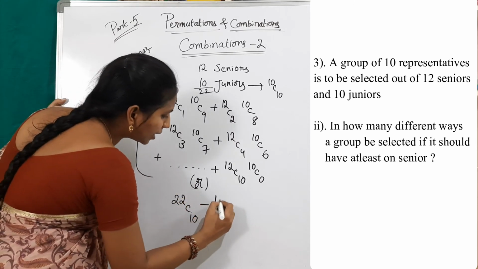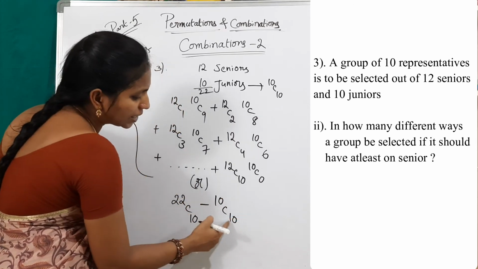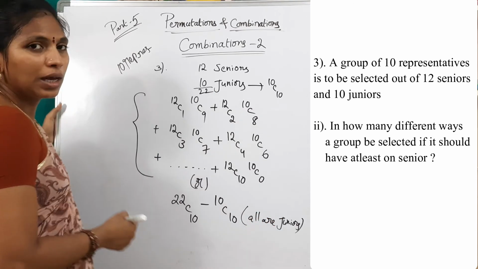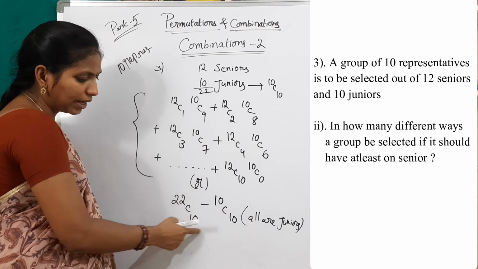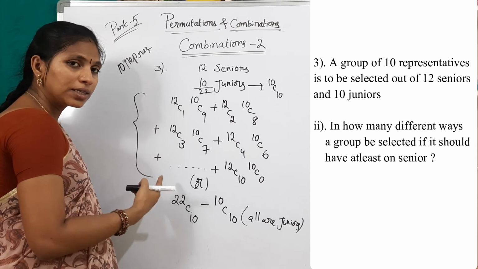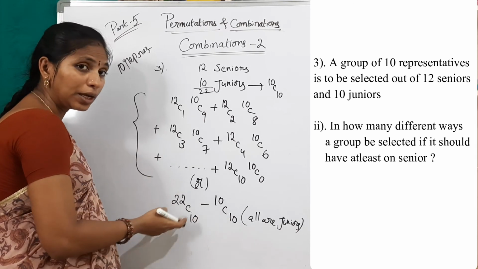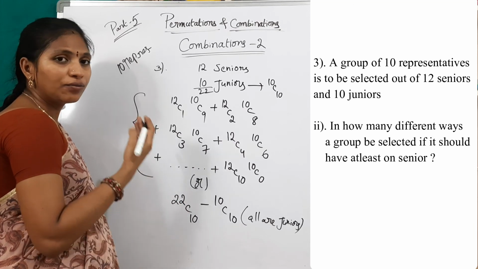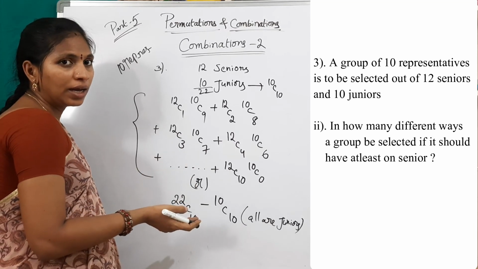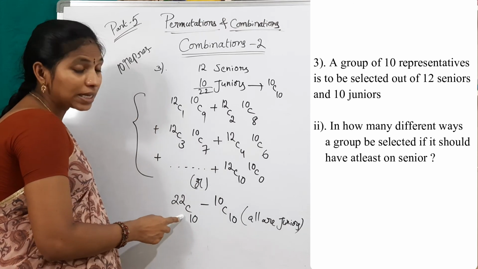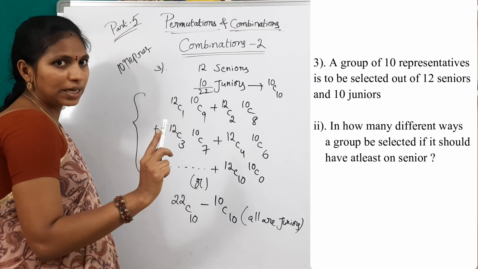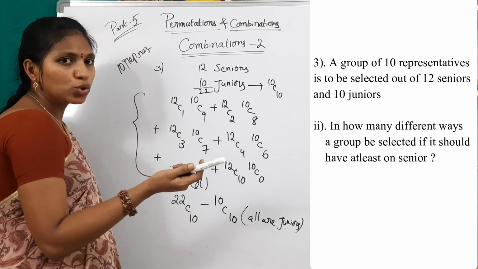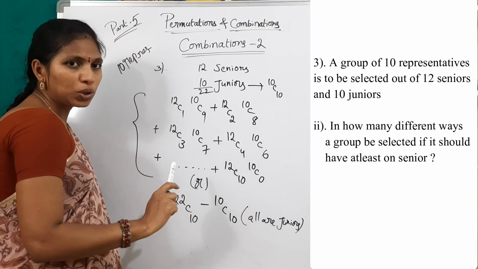So subtract 10C10. Here 10C10 means all are juniors. So in the remaining part there is a chance to get 9 juniors, 8 juniors, 7 juniors, 5 juniors and so on. It means there is at least one senior. 9 juniors means 1 senior, 8 juniors means 2 seniors.